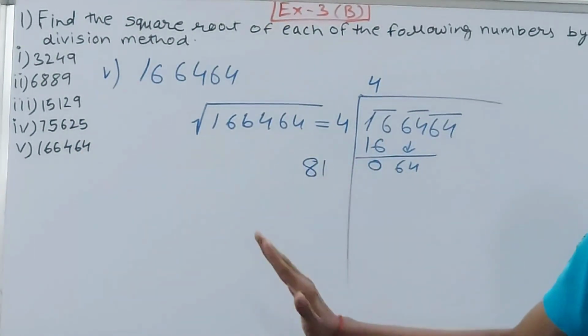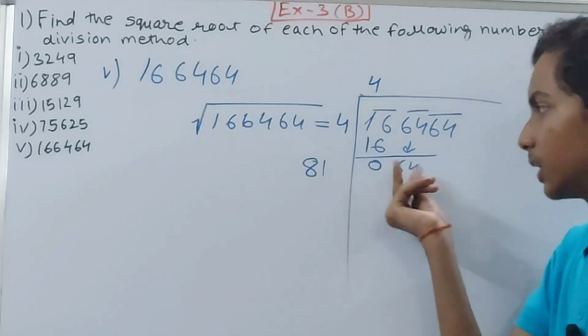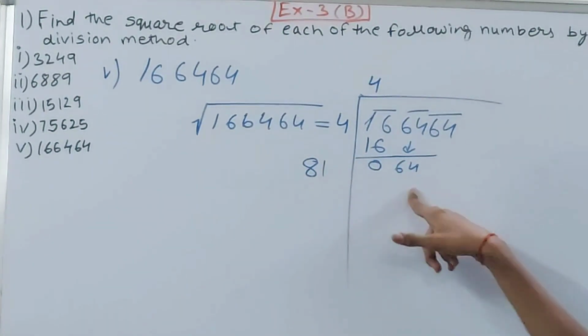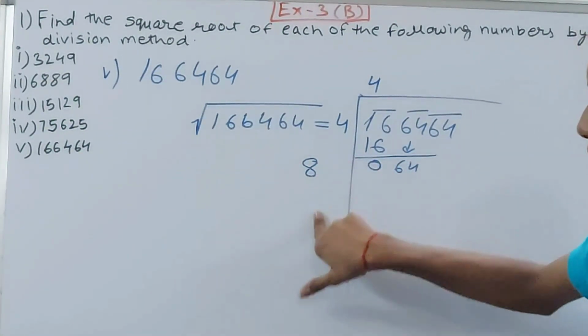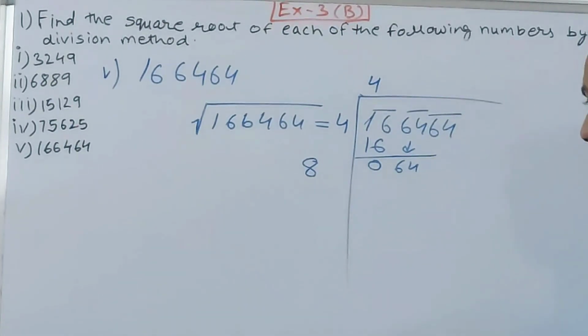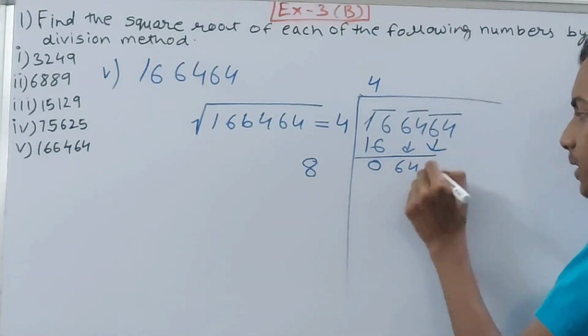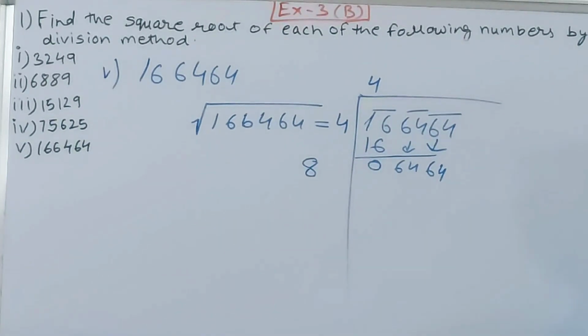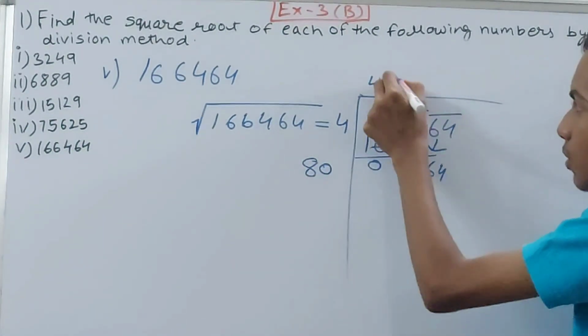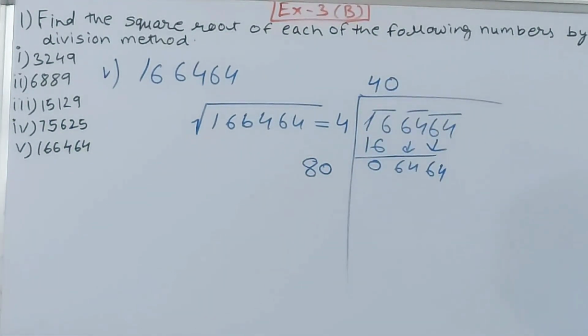That means we cannot write 1. What we will do now is bring down the other pair, 64, and write 0 in the quotient and in the divisor.